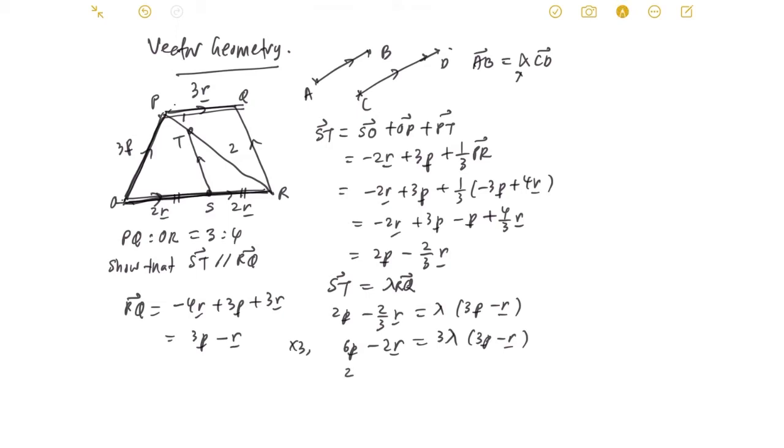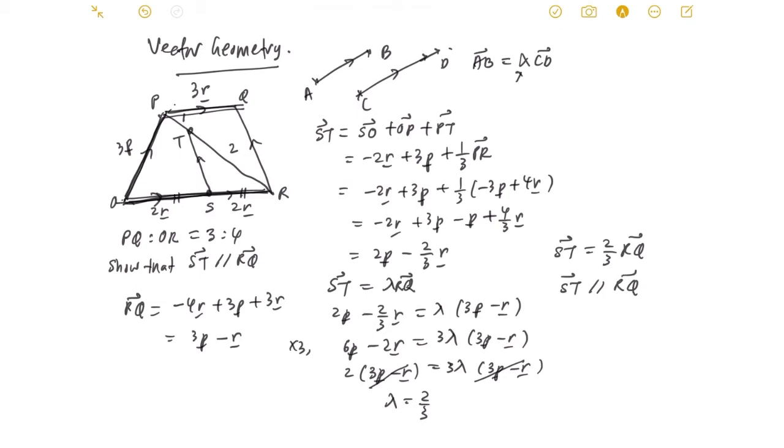From 6P minus 2R we can take out 2, leaving 3P minus R. So it's quite obvious we can cancel out the 3P minus R and solve for lambda. My lambda is 2/3. If I can show that ST is 2/3 of RQ, we know ST must be parallel to RQ.